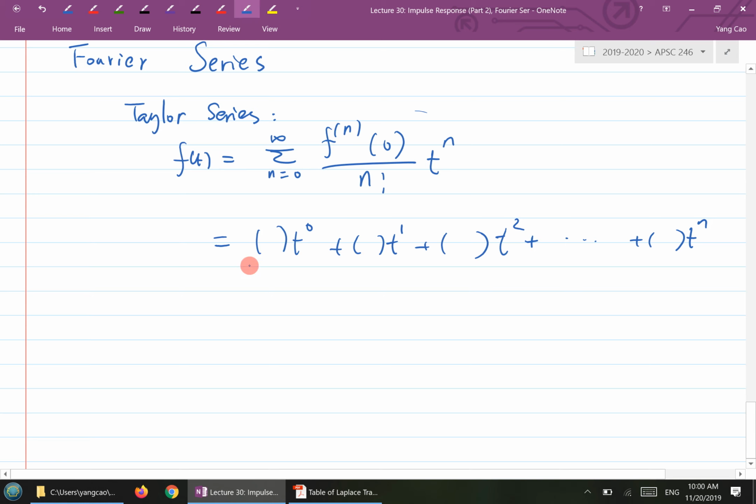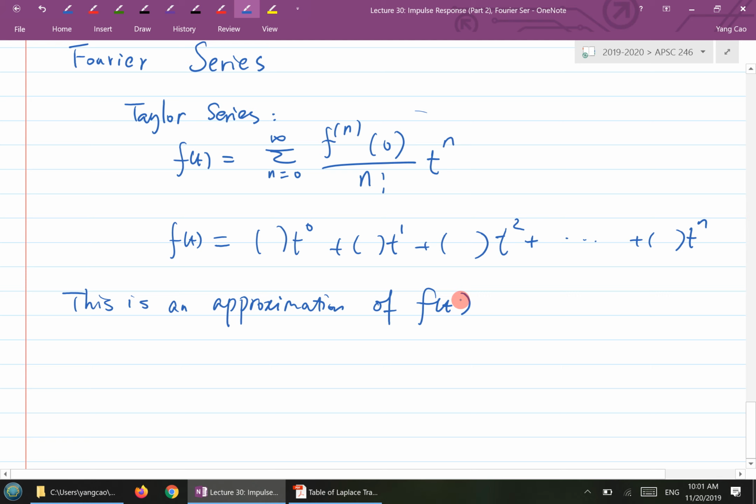Now what this does essentially, if you look at this one here, is an approach to approximate this f of t.